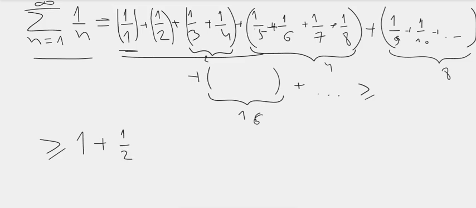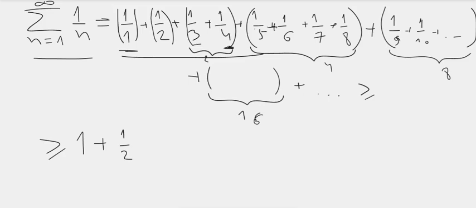Then in the next group of 2 terms, we replace all of them with the smallest of them, which is the last one. So basically we replace 1/3 with 1/4, and 1/4 we leave as it is.